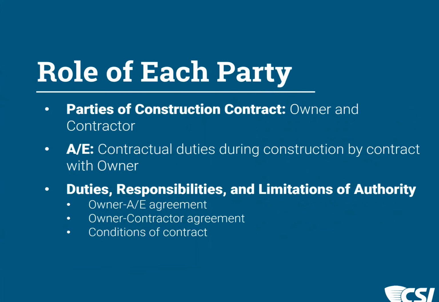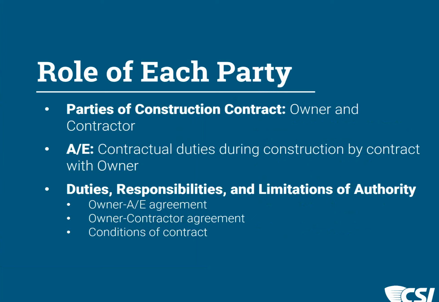We certainly have defined between the owner and the contractor, who are the parties to the construction contract, what their roles are and the responsibilities of each. And then as the architect or engineer, we, with our contract directly with the owner, have contractual duties that describe our roles and responsibilities, and we're going to touch on those.